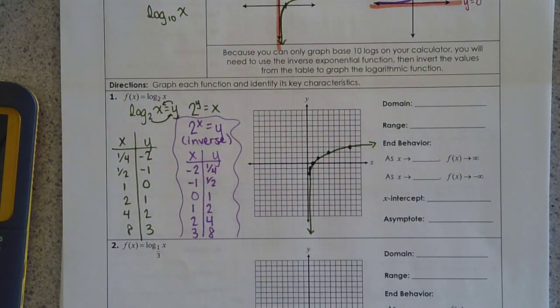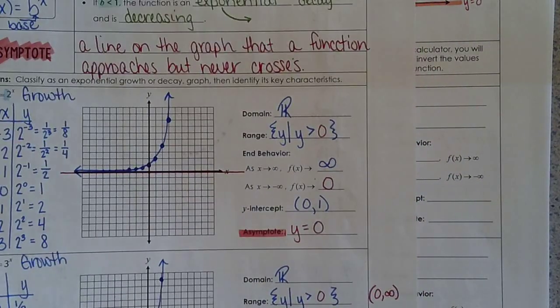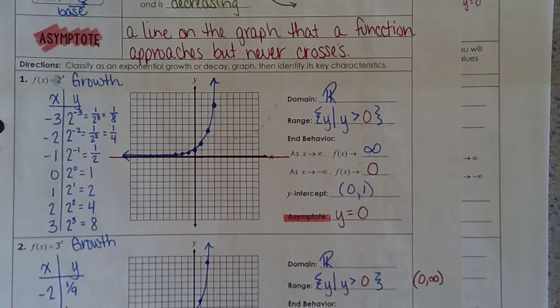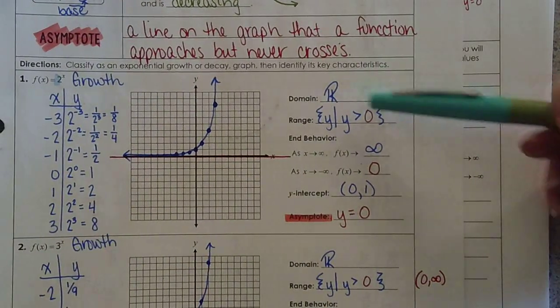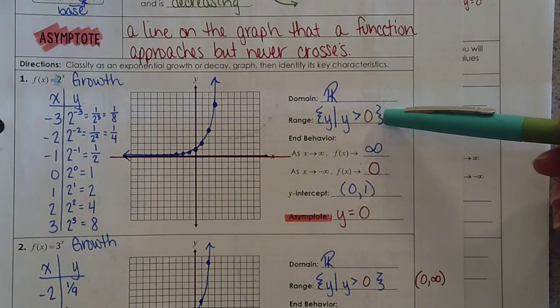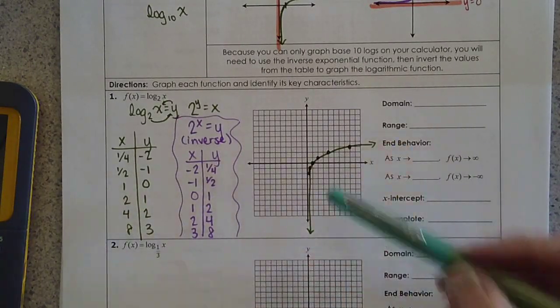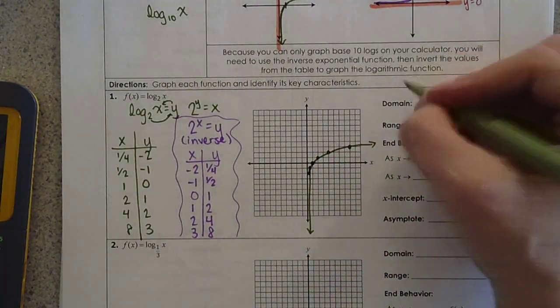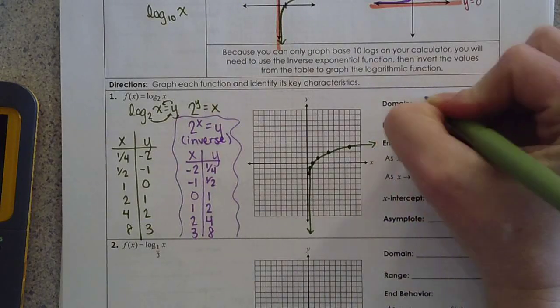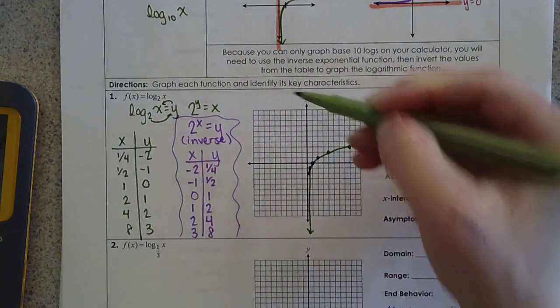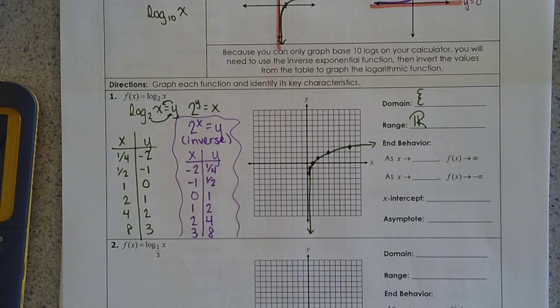So here's what changes. Look at the domain and range on my exponential equation. All real numbers. Y is greater than 0. It's the opposite here. My range goes down, goes up, all real numbers. But my domain is restricted because I have a vertical asymptote.